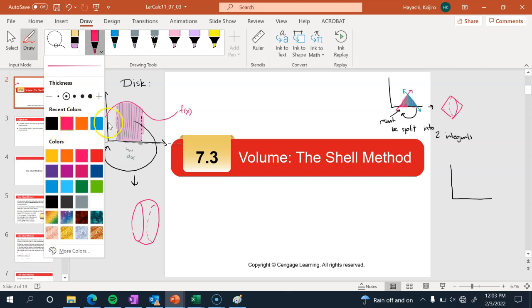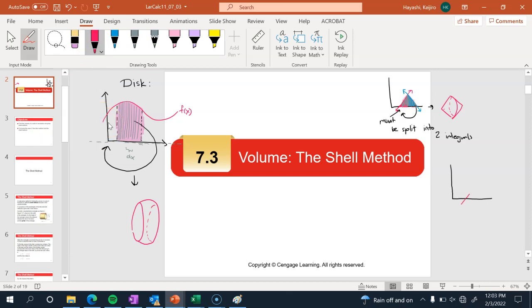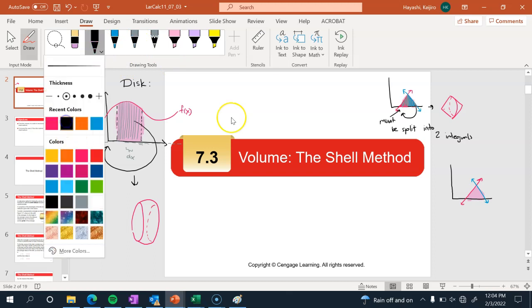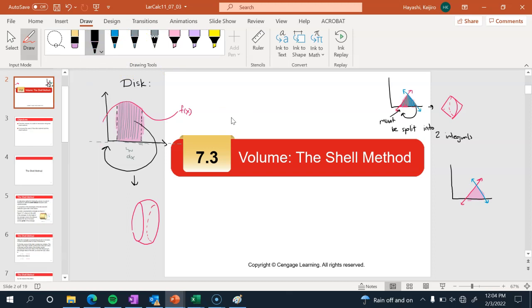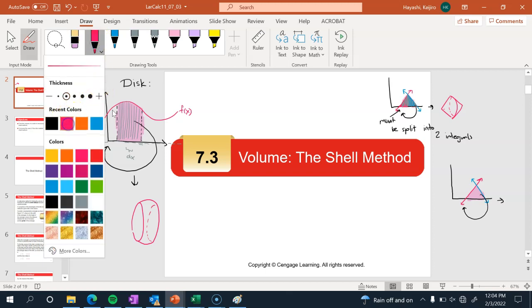So let's make the same region. And we're still going to rotate it out around the same axis, so that it forms this shape.